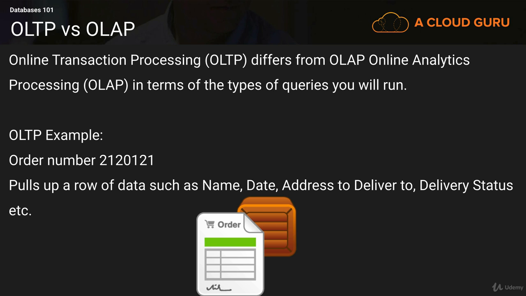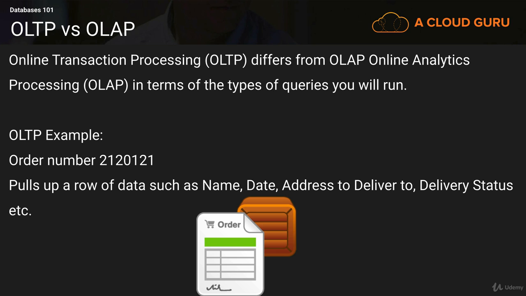This might be order number 2120121, and you just want to say select order number 2120121, and it's going to pull up a row of data, and that data may contain things like your name, it might contain the date of the order, the address to deliver the order to, the delivery status, etc. So that would be OLTP.